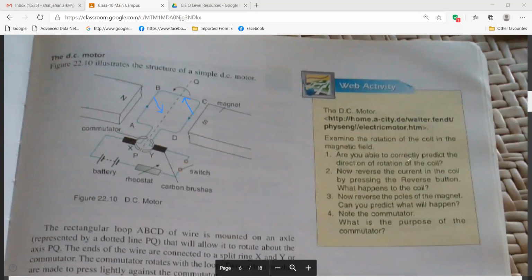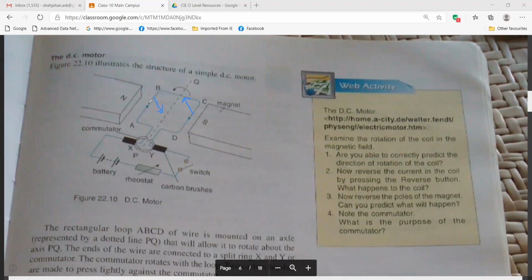If you are changing the direction of current, your field direction is same, but your current direction will be towards the screen, your laptop or mobile screen. Then you see the thumb is showing you downwards, right? So we understand that if we change the direction of current only, then the force direction is becoming opposite.